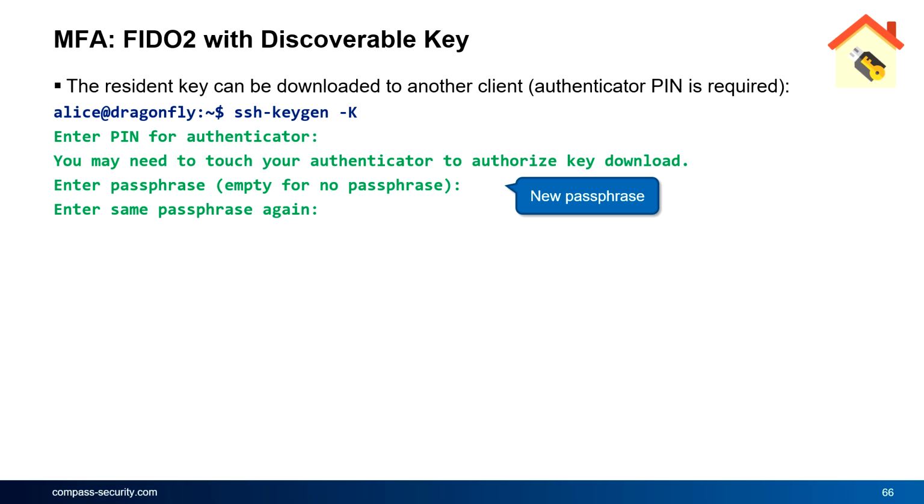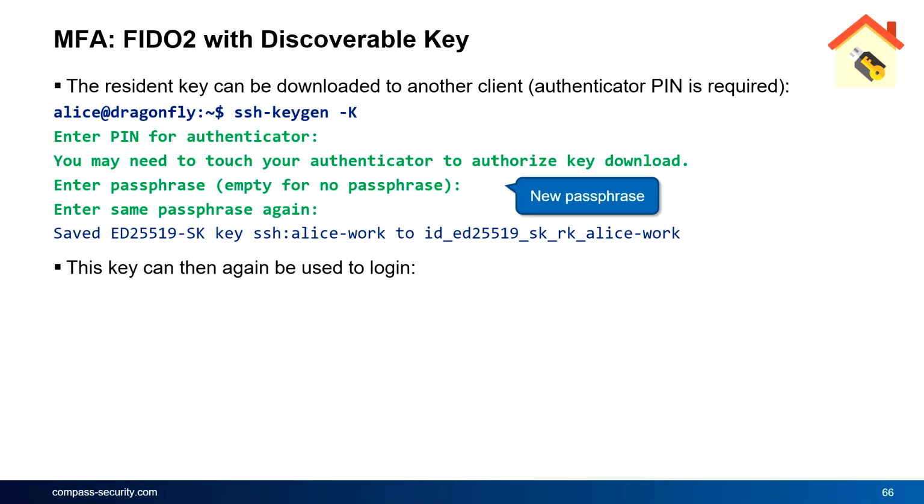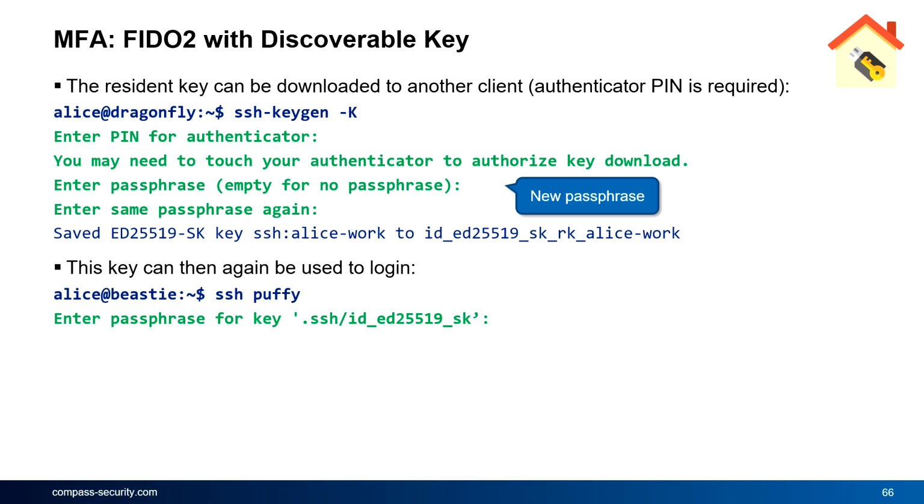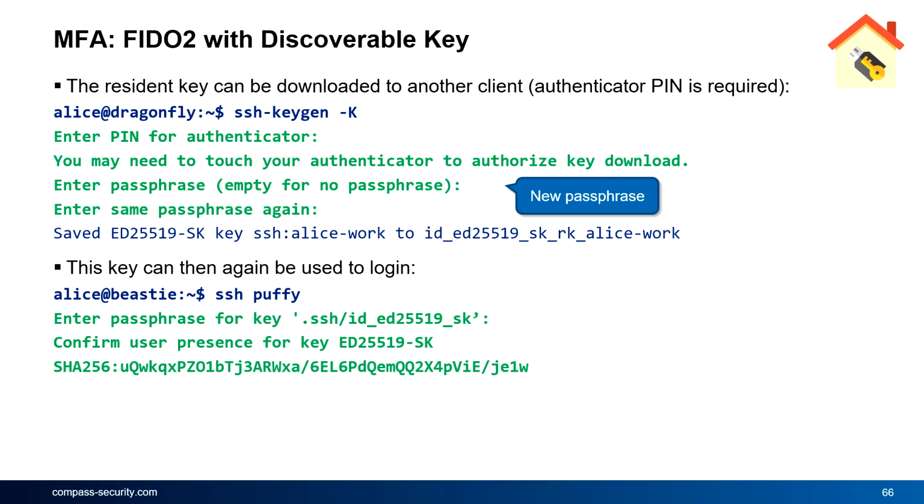You can define a new one or another one here. And then you also have your two new keys in your .ssh directory, the private and the public key. Then you can use these key files together with your authenticator to log in. You enter the host name, you provide the passphrase of your private key on your system, then you touch the security key, and you're logged in.